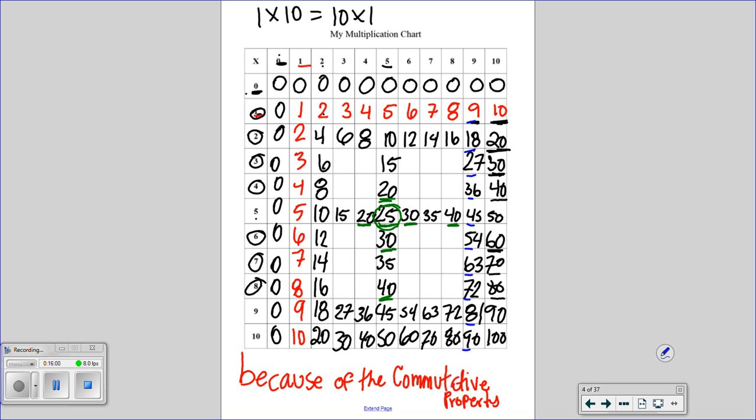And then in my ones column, it's going the other way: 9, 8, 7, 6, 5, 4, 3, 2, 1, 0. It's counting down. Why is it doing that? Because it's really close to 10. It's only one less than 10. So my ones columns are getting smaller and smaller by 1 every time.